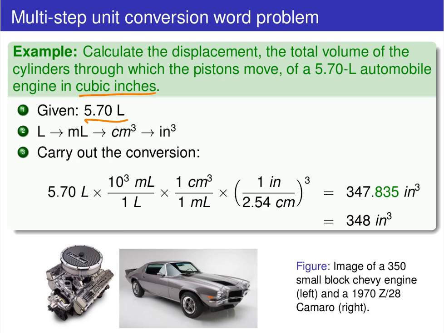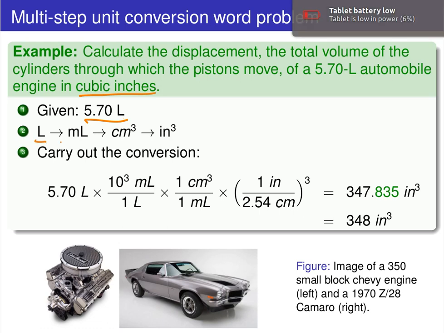Now remember, in this example, I haven't listed out a bunch of conversion factors. So what we're going to be relying on first is your knowledge of those metric prefixes, and then we're going to use the conversion factors from the previous problems. So you know that you're in liters here.